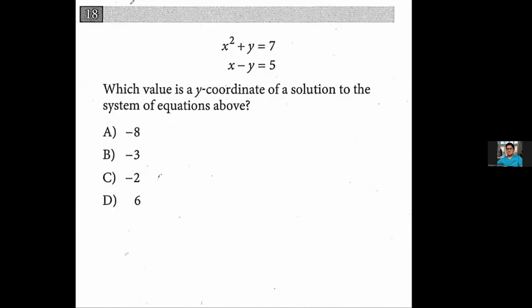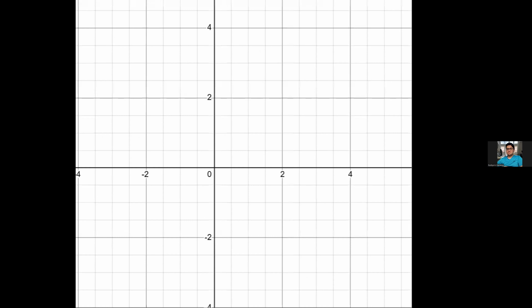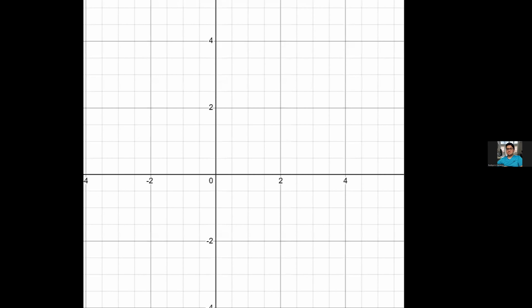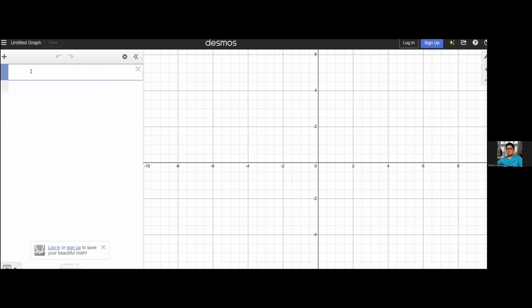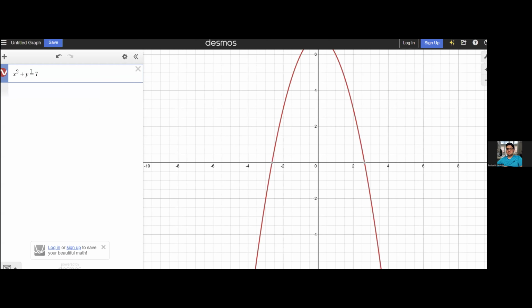I'm just going to put this into the calculator because it's easier. Okay, so we have x squared plus y equals 7, and then x minus y equals 5.